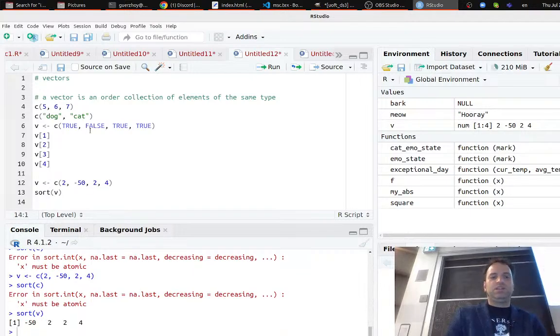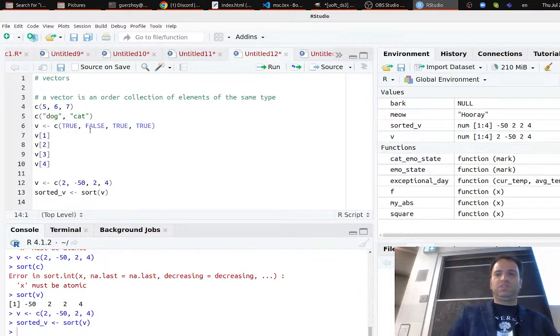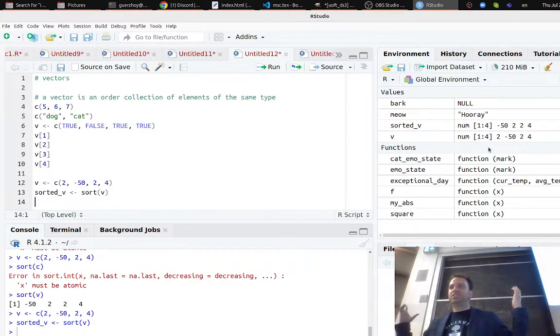And the value of sort v is the sorted version of this vector. So I can store the result. I can say sorted v is sort of v. And now sorted v is going to be minus 52 to 4. Note that v is still 2 minus 52, 4. In the same way that if you have x is 5 and then you say squared x is square of x, well, x is still 5 and then squared x is 25, right?